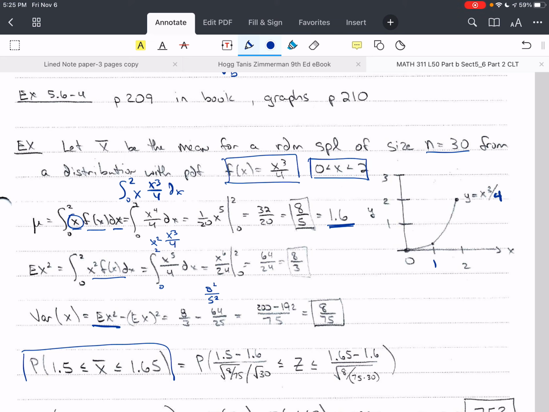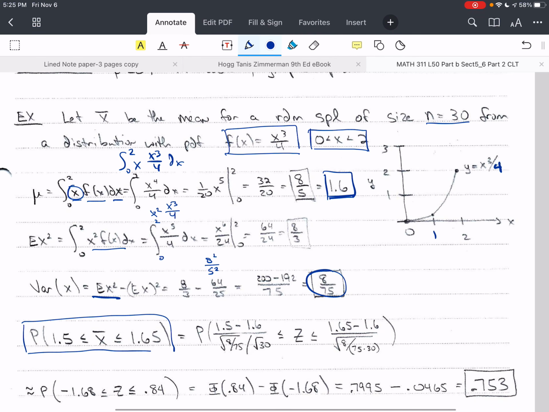Let's see, 8 divided by 75, and that's 0.10666666. Okay, so I'm not going to simplify this, but I can use 1.6 for the mean. So I need those two numbers.